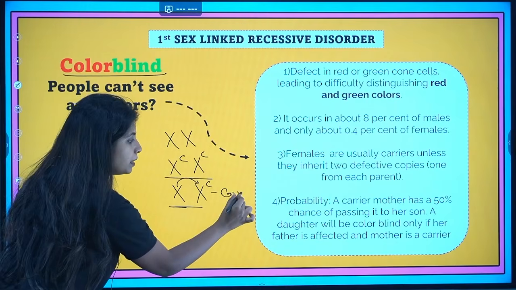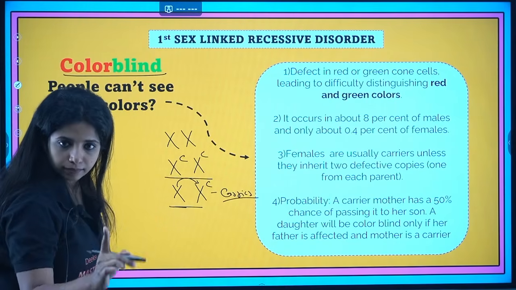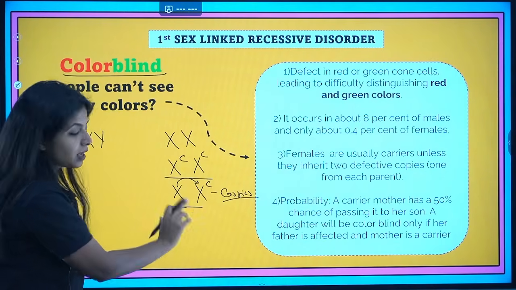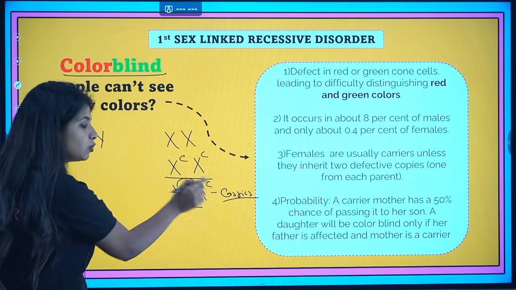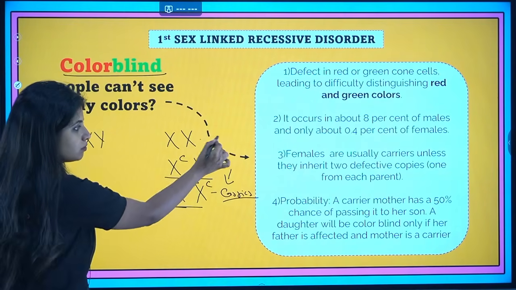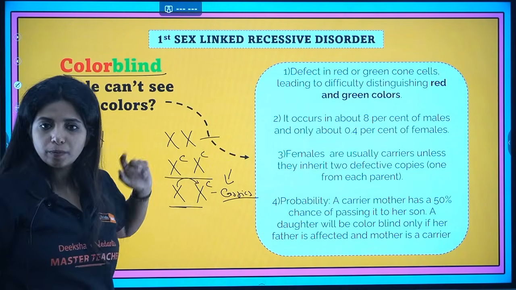She is going to be a carrier. For her to be diseased, both the chromosomes should be affected. If only one is affected, she is a carrier, or if there is no problem, she is a normal person.